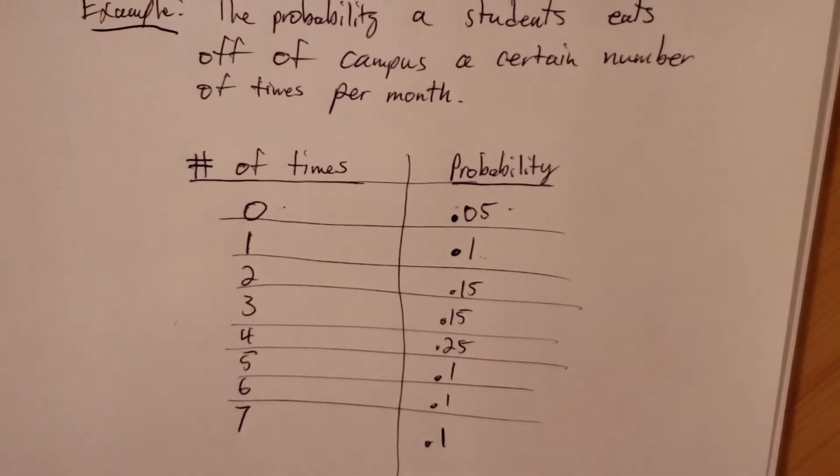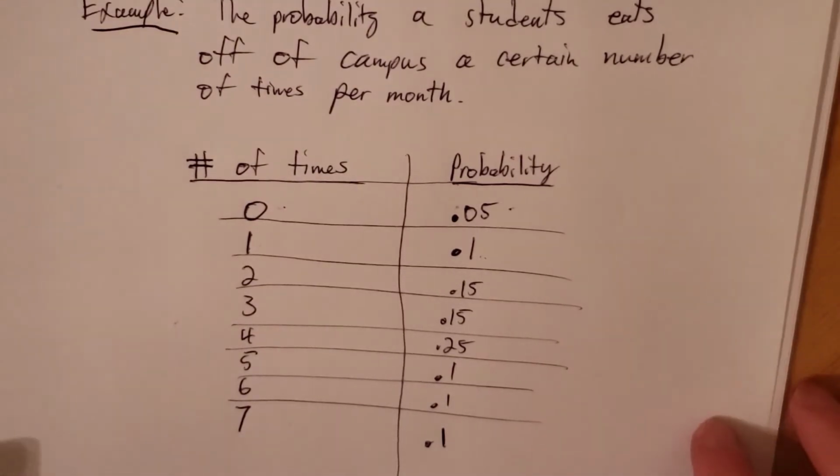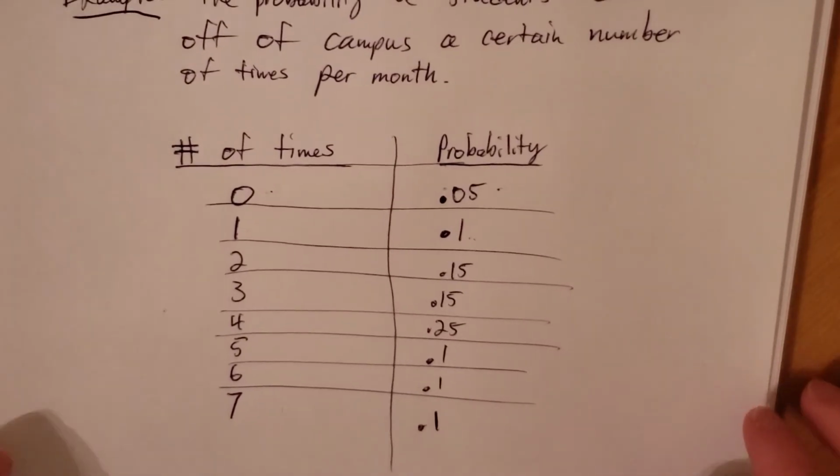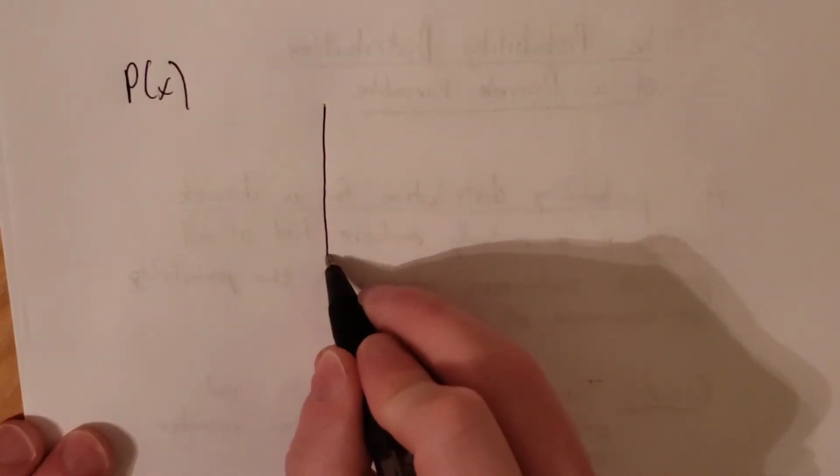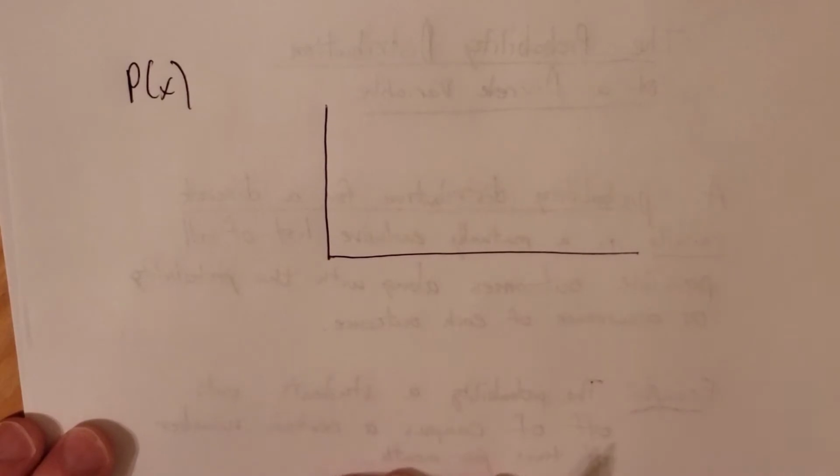Now, one thing we can do with this kind of information is we can certainly graph it. So how do we graph a probability distribution of a discrete variable? Well, we do so using essentially a vertical bar chart, although it's usually with lines.